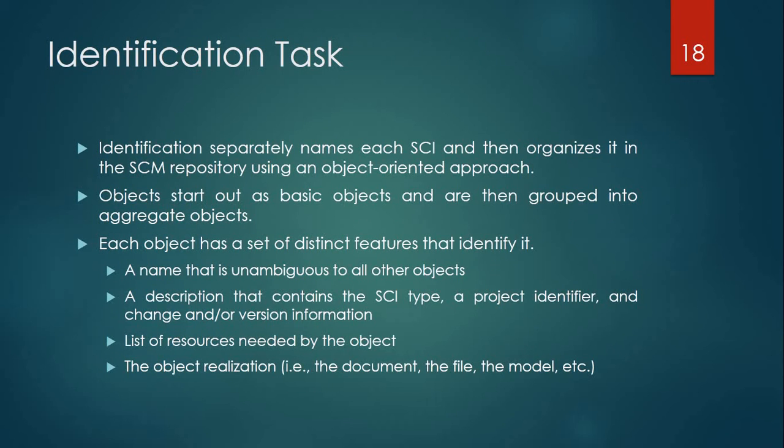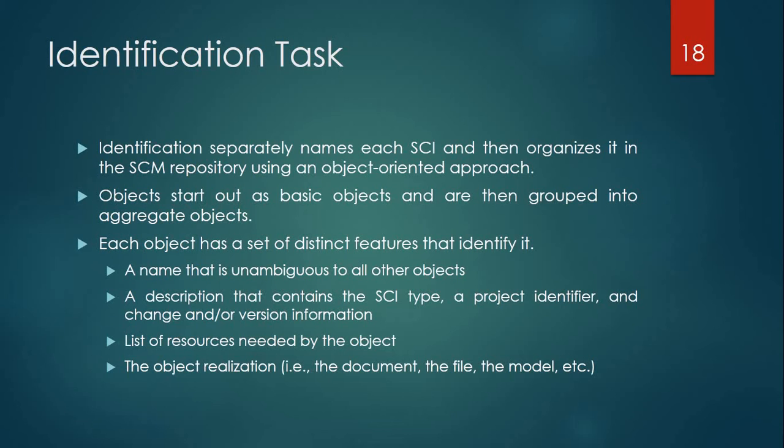Identification task. Identification separately names each SCI and then organizes it in an SCM repository using an object-oriented approach. They will separately name it and store it in a repository. Objects start out as basic objects and are then grouped into aggregate objects. Each object has a set of distinct features that identify it.